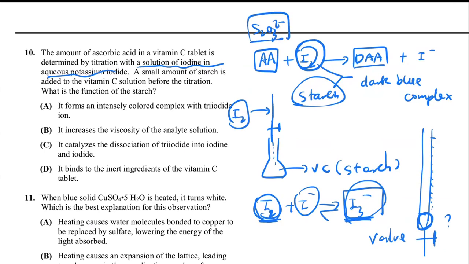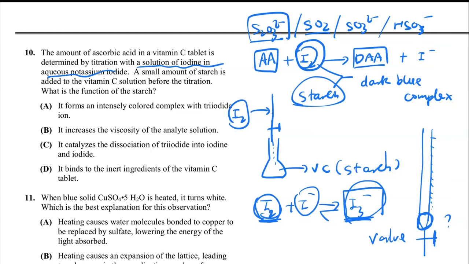Actually, this solution is also used to standardize the I2 solution, right? Because this is a primary standard. If we need to list a few more, we can say SO2, we can say sulfite, we can say bisulfite, stuff like that. Those are all able to be oxidized by I2 directly.